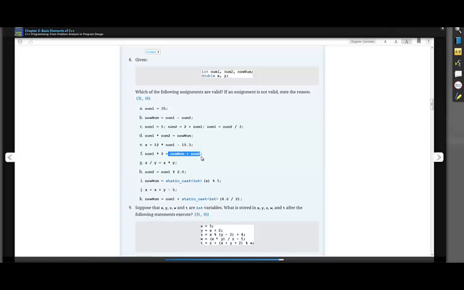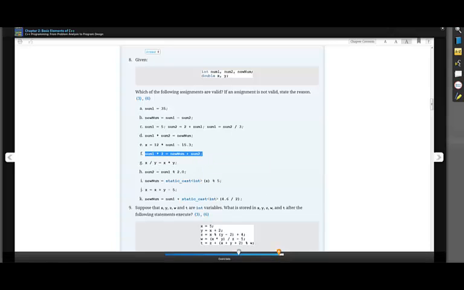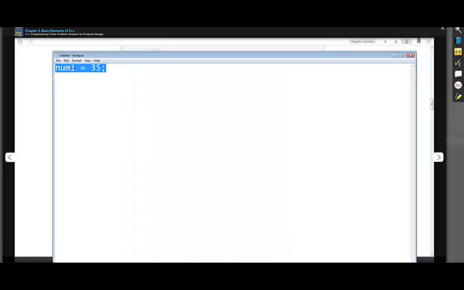What's wrong with this statement right here? Remember now, there's an equal sign. Let me snag this statement right here. So again, here's this equal sign.